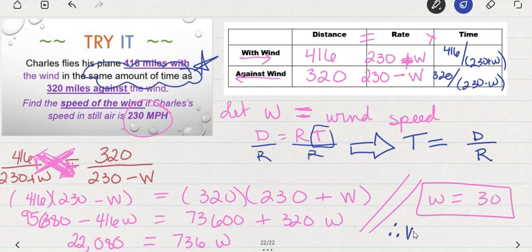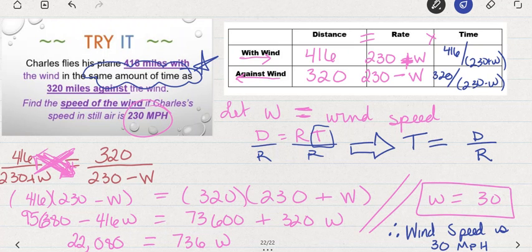Therefore, wind speed is 30 miles per hour. And that concludes the distance equals rate times time when we're going with and against the wind.